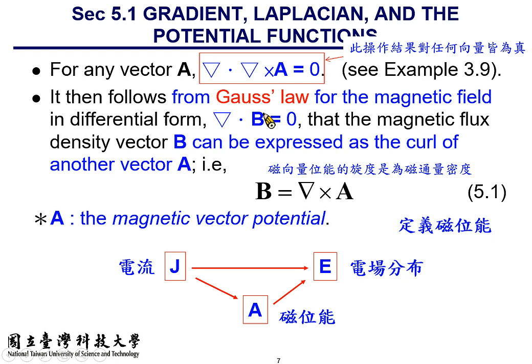This vector is referred to as the magnetic vector potential, MVP. In fact, the magnetic vector potential is a very important tool that helps us solve most electromagnetic problems, actual application problems.